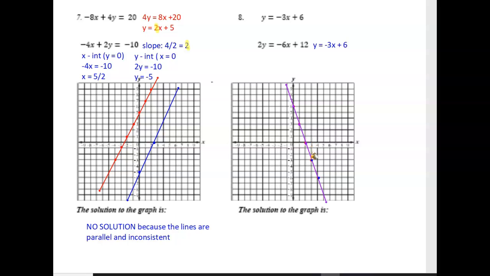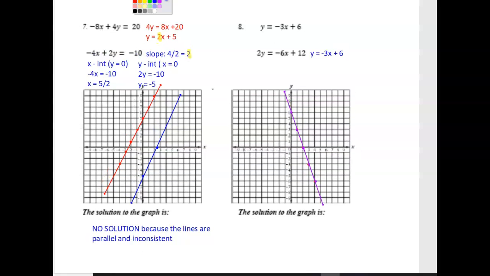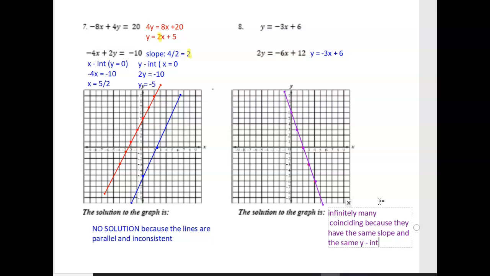So when red and blue overlap, they make purple, but that also tells me that the solution to this graph is infinitely many, because my lines are coinciding, because they have the same slope and the same y-intercept.